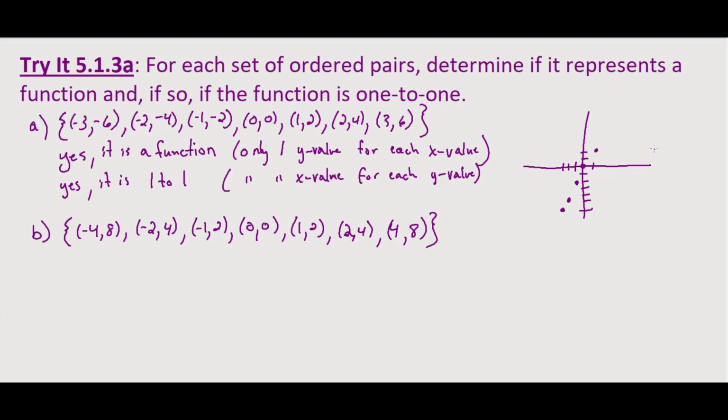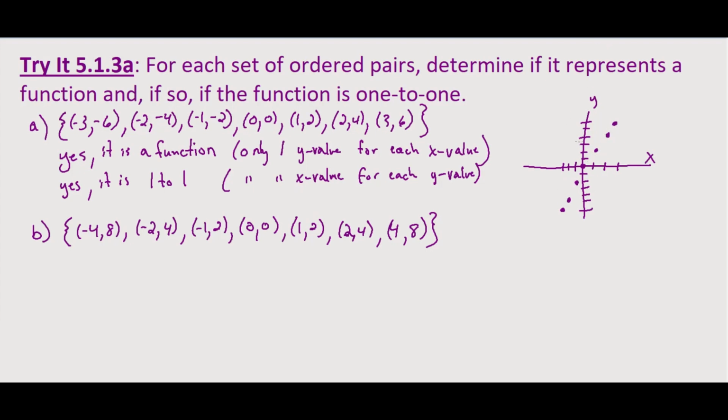And I would suggest using graph paper, but we're just doing a rough sketch here to verify that for each input, there's only one output, and for each output, there's only one input.